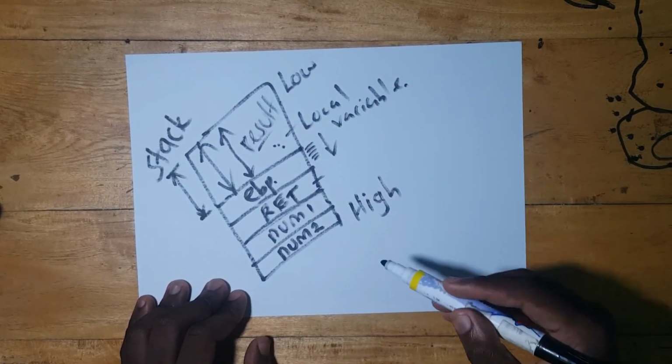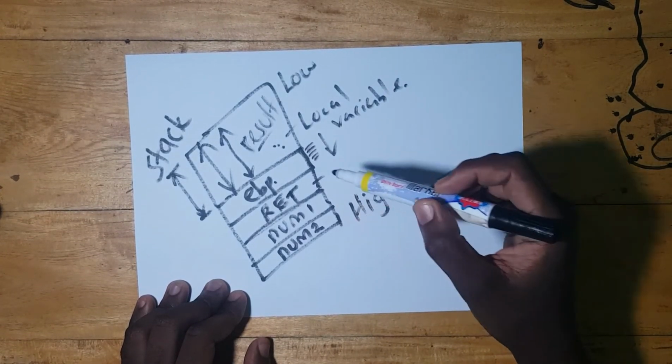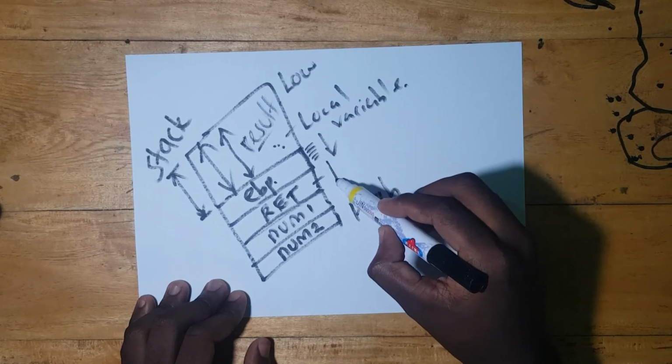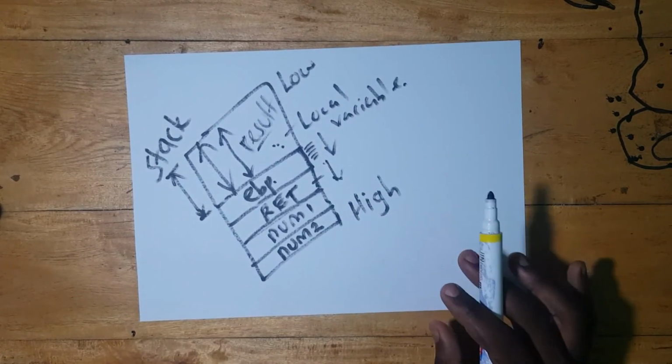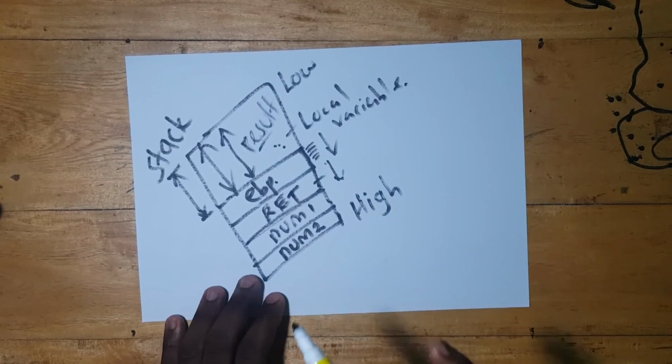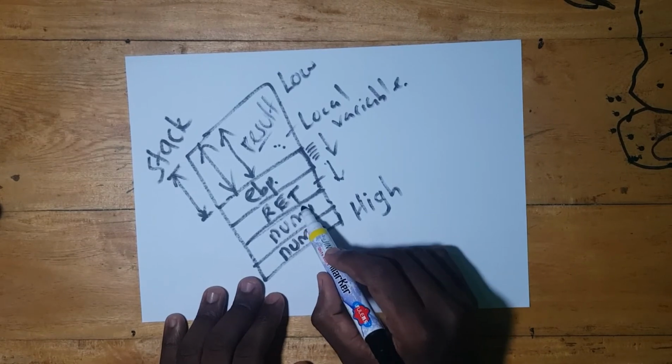And if your data is large enough, it will overwrite the values of the EBP. It will overwrite the values of the return address. And you can already see how big of a problem this can be, because the computer will not know where to go next if this return address is invalid.